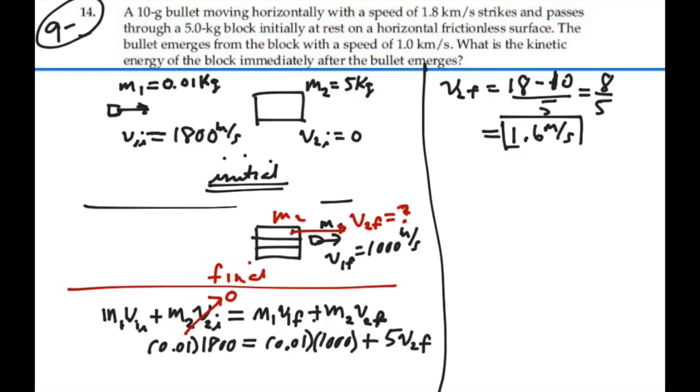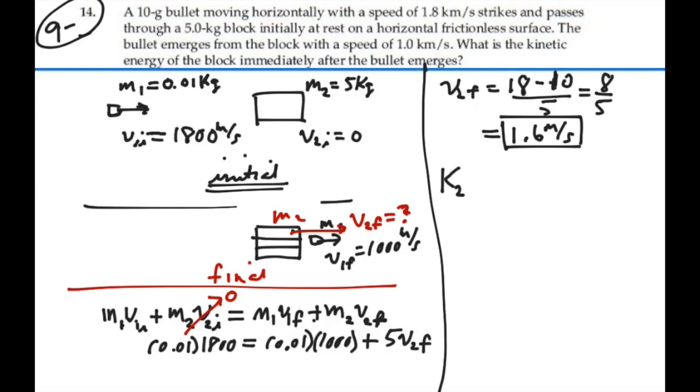It came out positive, so it's moving in the positive x direction, and the final velocity of the block is 1.6 meters per second. Conservation of momentum is the only way we can find that because kinetic energy is not conserved. However, once we found that velocity, we can calculate what its kinetic energy is at that moment.